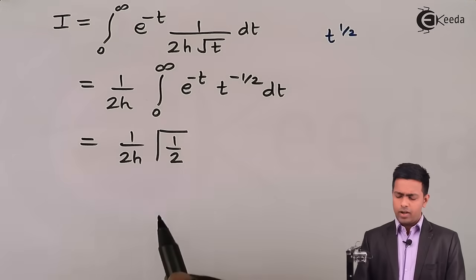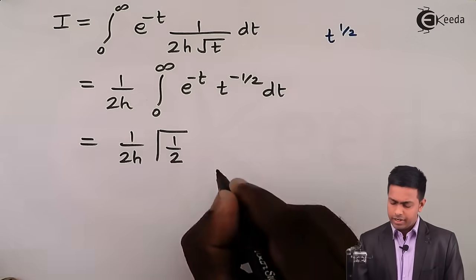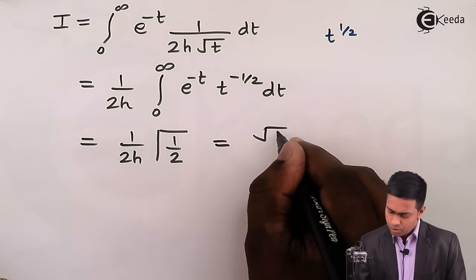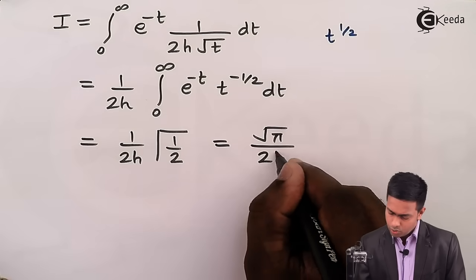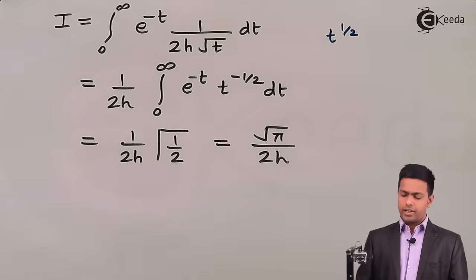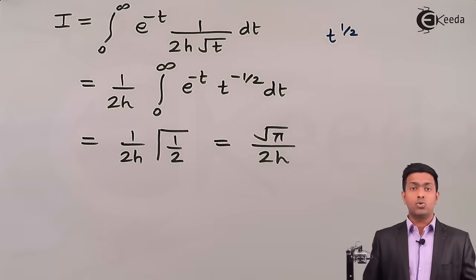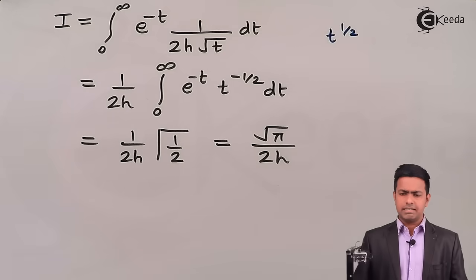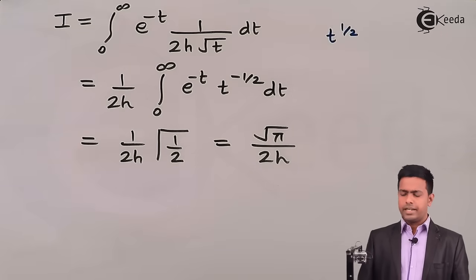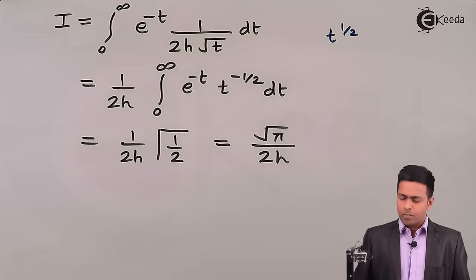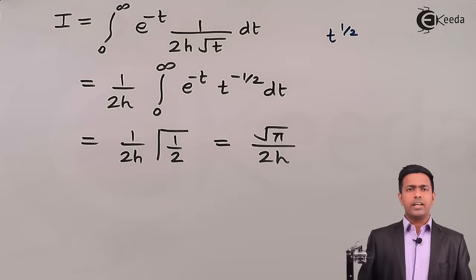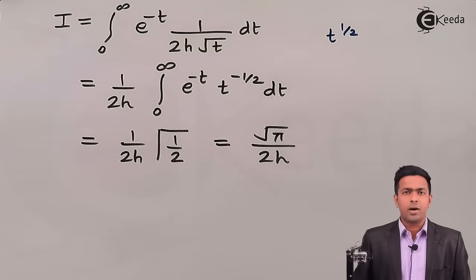And we know the value of gamma half, it is root pi. So root pi by 2h is the value of the integral. And guys, we can prove this value of gamma half as root pi by using the beta function. But here, since it is not required, we just want the value of gamma half, so we'll directly write root pi. So the value of the integration is root pi upon 2h.